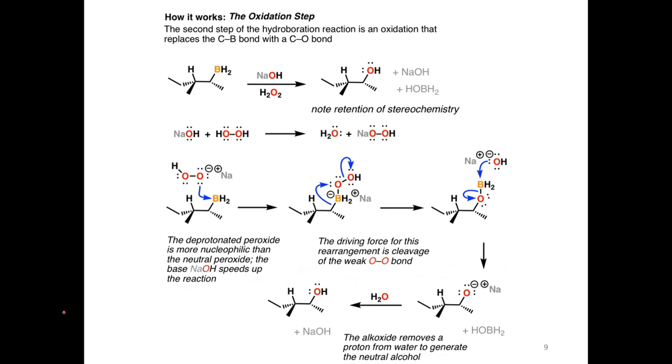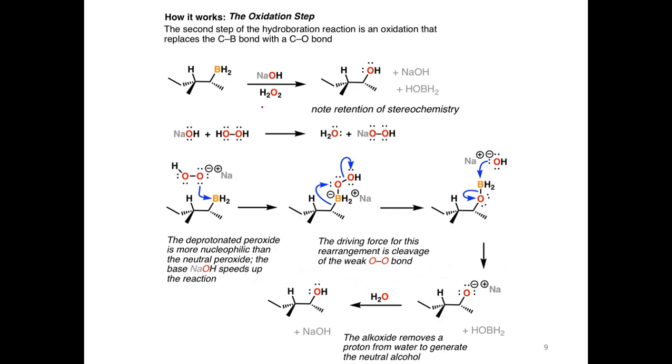The second step of the hydroboration reaction is an oxidation that replaces the carbon-boron bond with a carbon-oxygen bond. So here you can see that we have first the BH2 group, then it will be treated with H2O2, hydrogen peroxide.